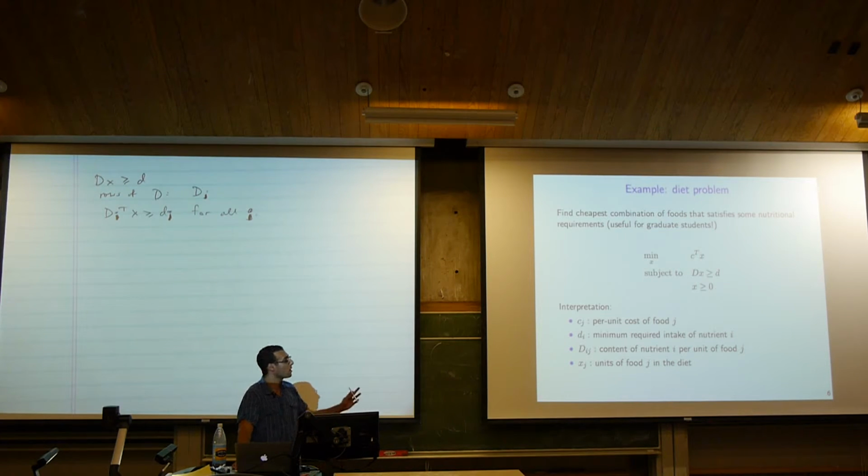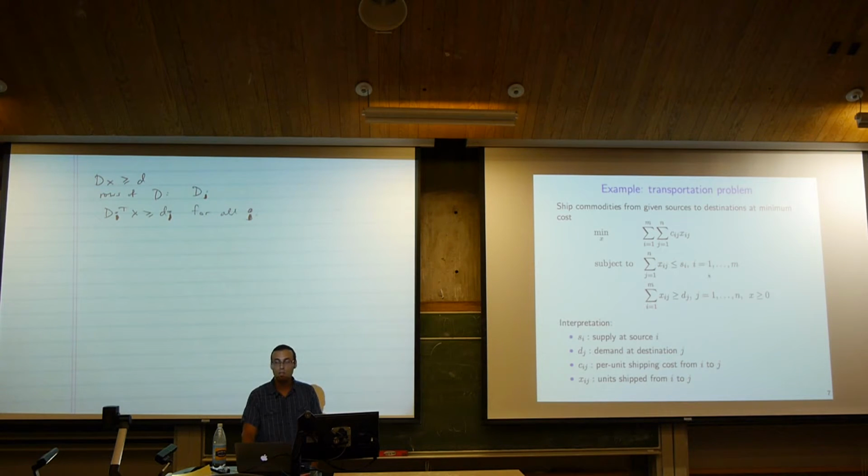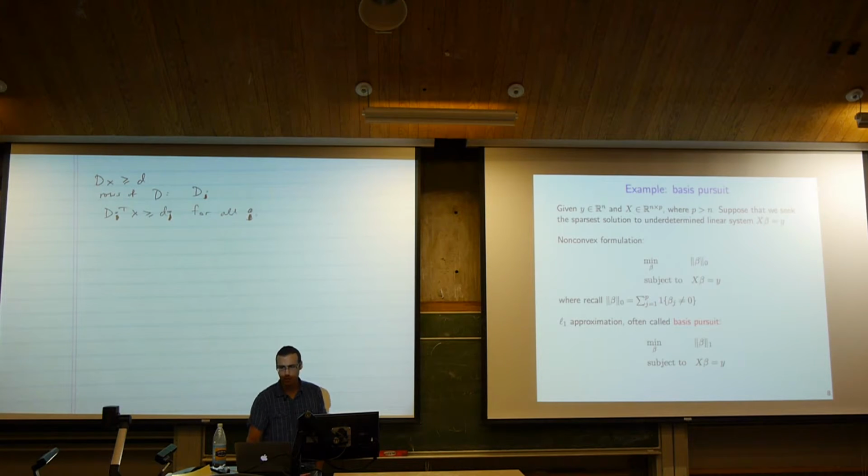So this problem apparently has some basis in reality. Another problem is the transportation problem. I guess we could go through a similar story, but I might just skip it because I don't know how much value it has. I'm just trying to convince you that LPs are actually pretty expressive, and you can express lots of different interesting problems in the LP formulation.